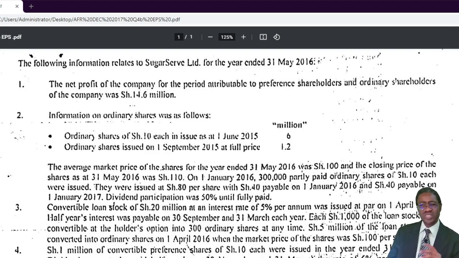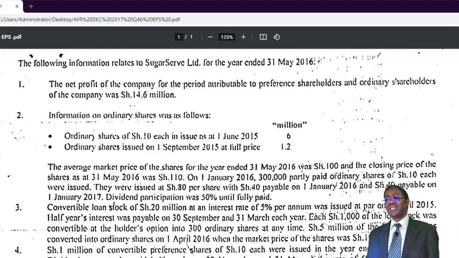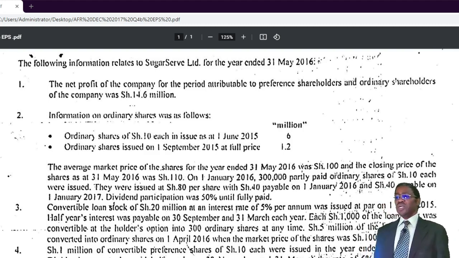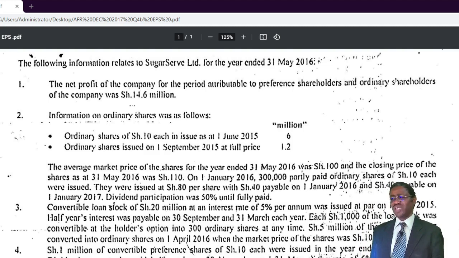But note number 2, the second part, said the average market price per share for the year ended 31st May 2016 was 100 shillings. The closing market price was 110. On 1st January 2016, 300,000 partly paid shares were issued at 80, with 40 shillings payable on 1st January 2016 and the other 40 payable on 1st January 2017.